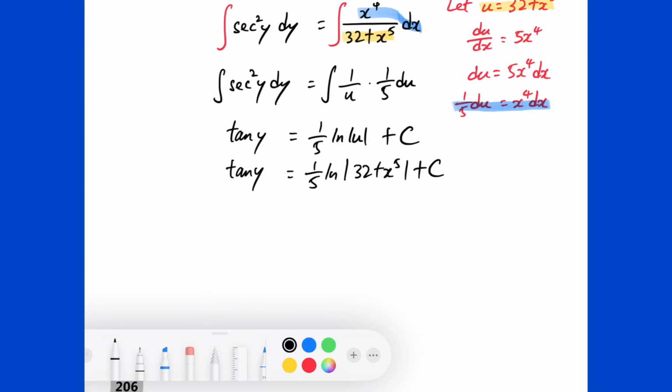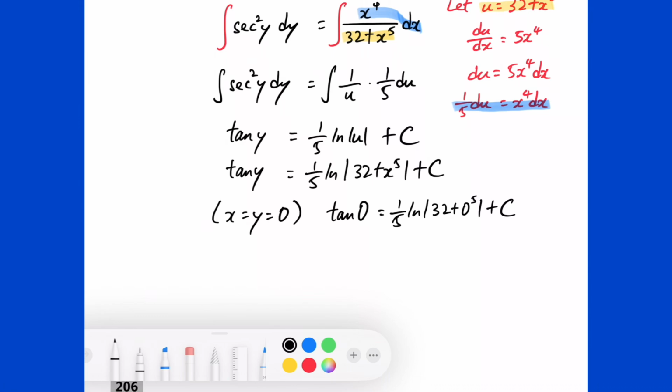In order to find the value of the constant, we can substitute the given initial conditions. As we are given that both x and y are equal to 0 for the initial condition, the left-hand side becomes tan 0, and the right-hand side becomes 1/5 times natural log absolute 32 + 0^5, plus c.